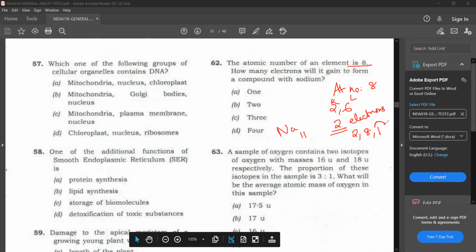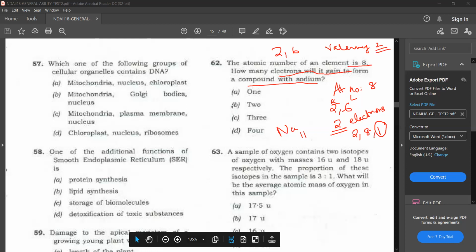So it has an extra electron, a valence electron of 1, isn't it? How many electrons will it gain to form a compound with sodium? Even if it combines with any element, this 2, 6 whose valency is 2 will gain how many electrons?